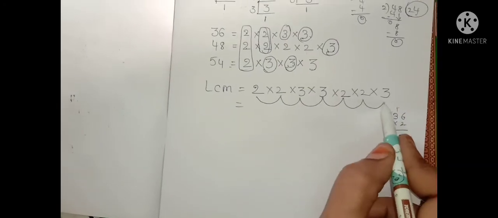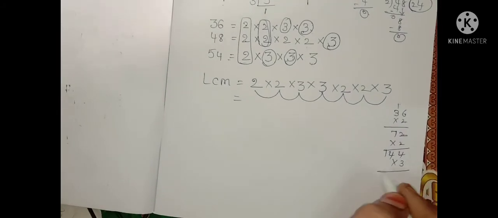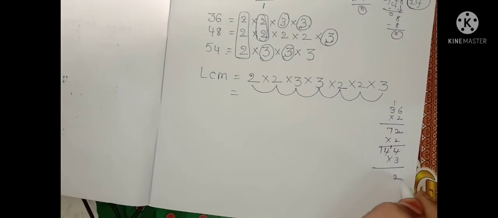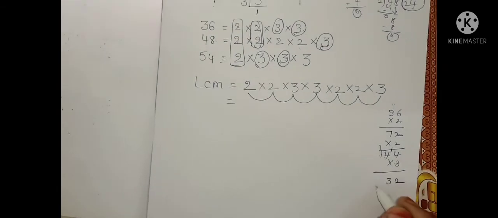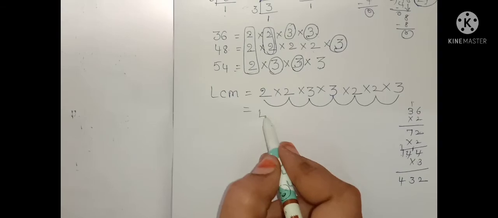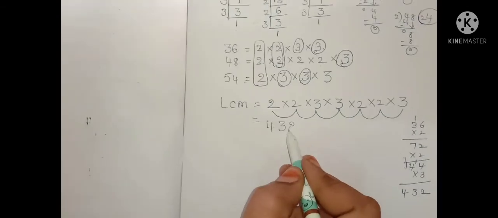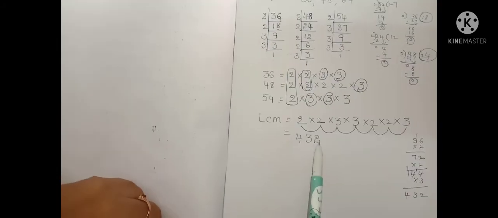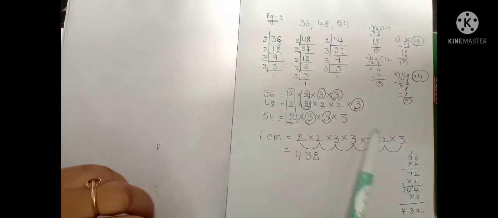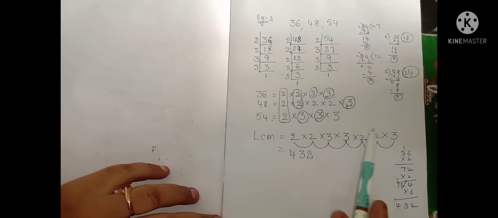And again 3 into 3... 3 4s 12, 3 4s 12 plus 1 is 13, 3 1s 3 plus 1 is 4. So what is the answer now? 432. The LCM of 36, 48 and 54 is 432. I think all members understand. Thank you for watching. Please like.